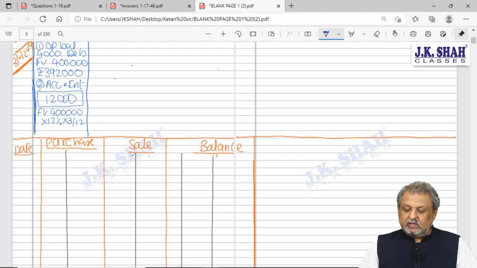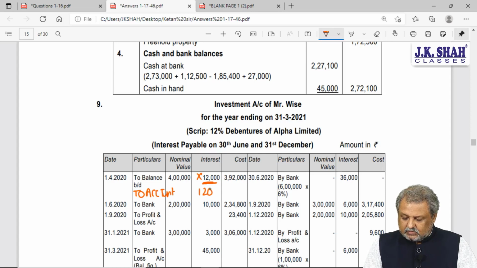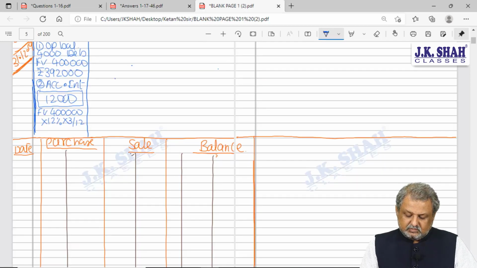So in the investment account, how to write, you know, but here they have written it as opening balance. This is not correct. You should write here, to accrued interest, 12,000. Nominal accounts do not have an opening balance.